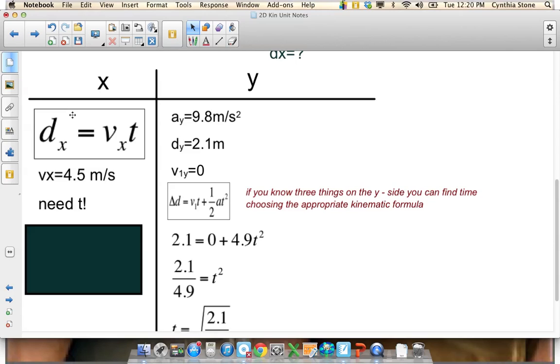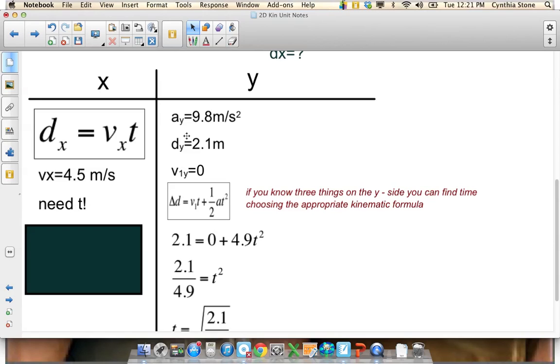Last year in the y direction, I would write down this formula at the very top, but it doesn't always apply this time. So that's why I'm not starting with that. We write down the thing we know, that Vx is 4.5, and we're looking for time. And really we don't have enough information because we don't know dx and we don't know t. So there's nothing else I can do on the x side of the table.